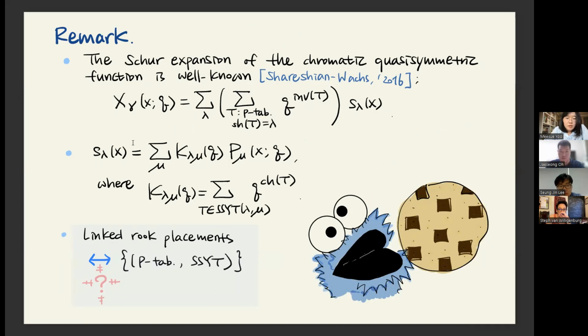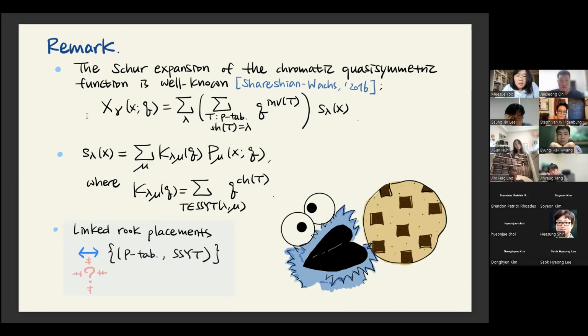And the Schur function can also be expanded in terms of the Hall-Littlewood polynomials, and the connecting coefficients are well known, the Kostka-Foulkes polynomials. And we know how to compute this polynomial using the charge statistic.